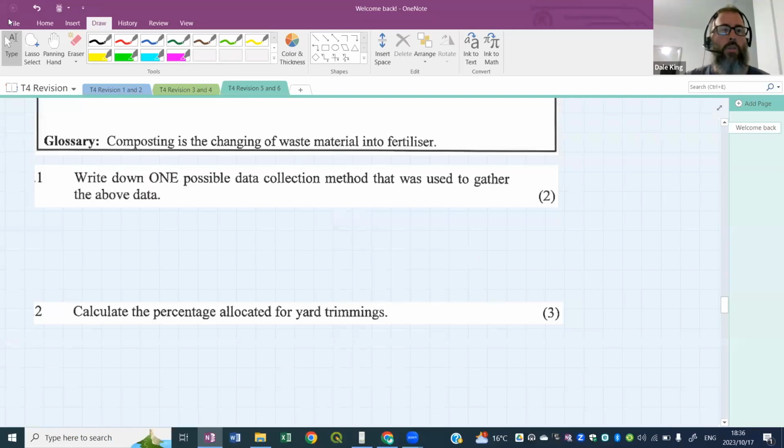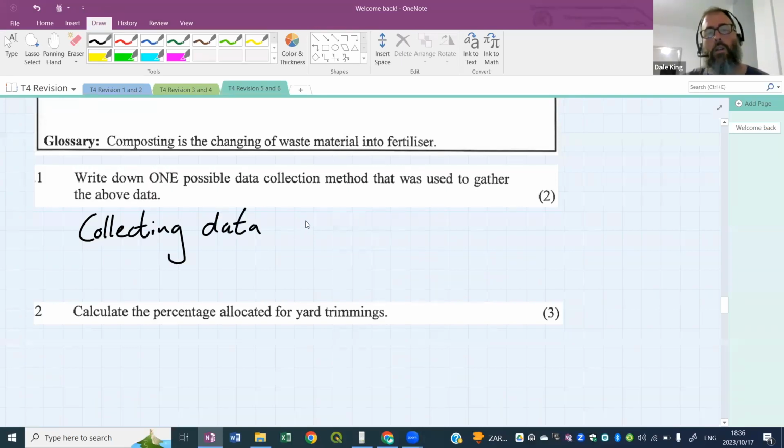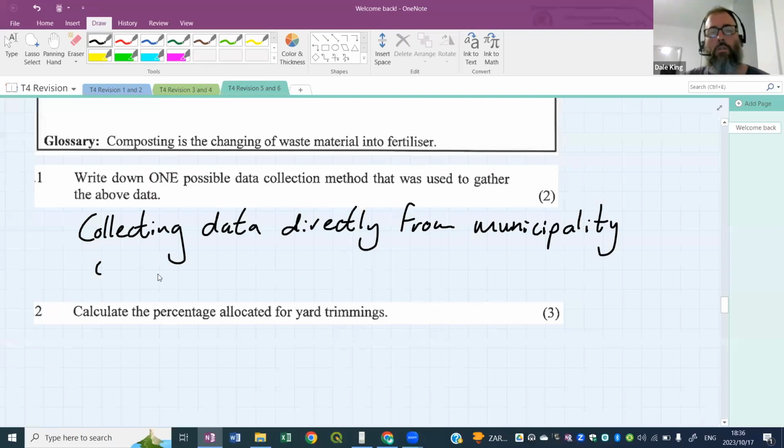Elaborate on that. So, for example, an example answer could be collecting data directly from municipality or waste managers.